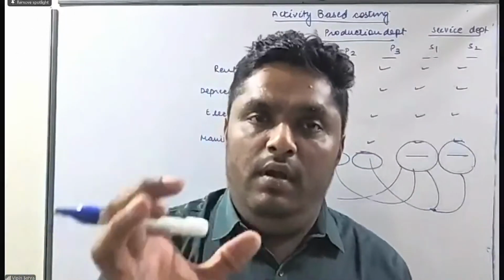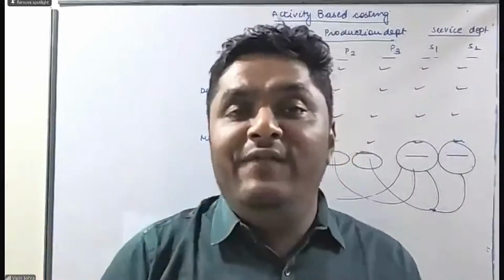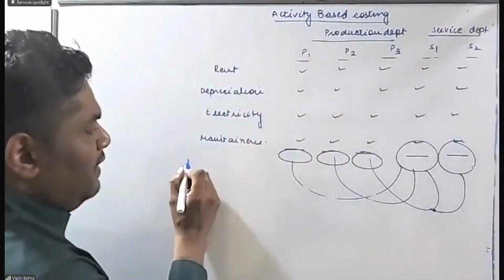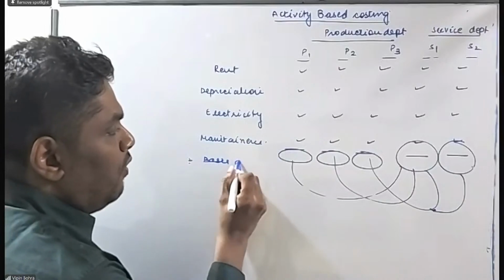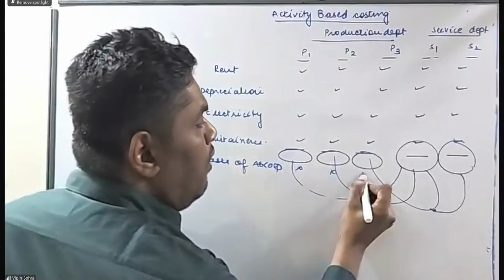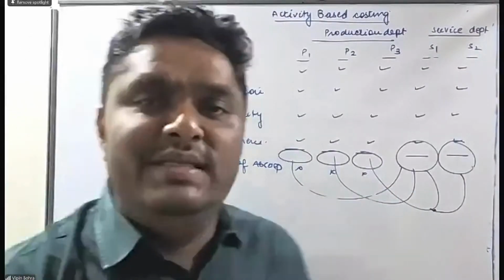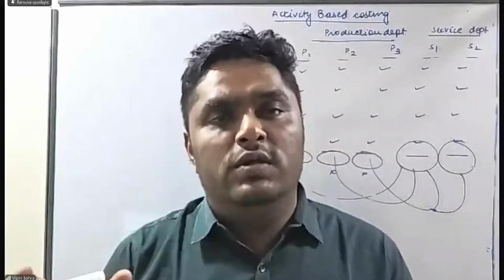After calculating the total overheads, we used to identify the basis of absorption. It can be either on the basis of machine hours or labor hours or on the basis of prime cost.